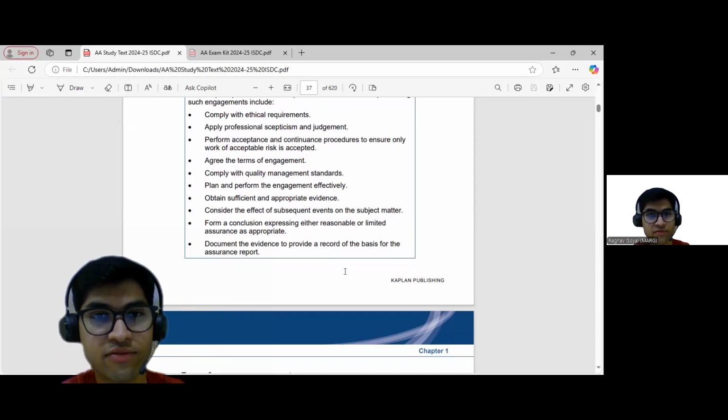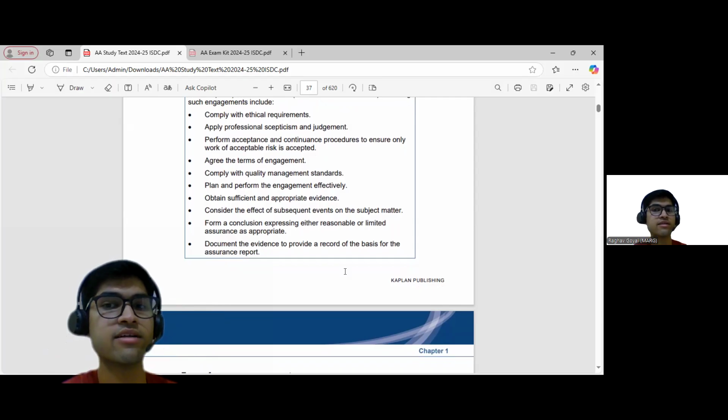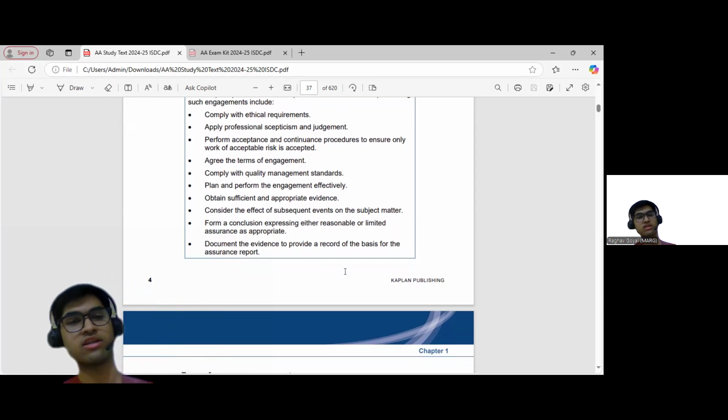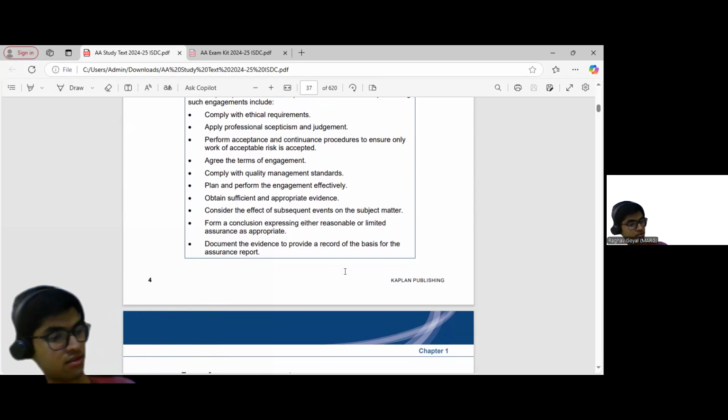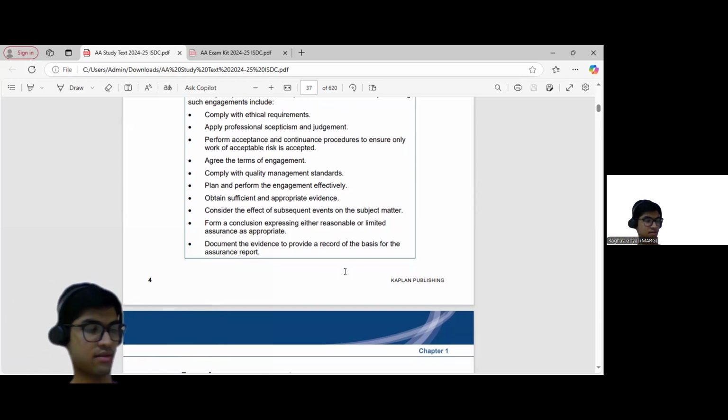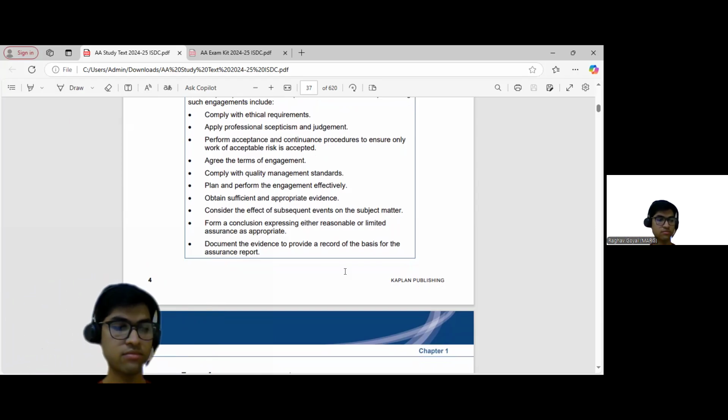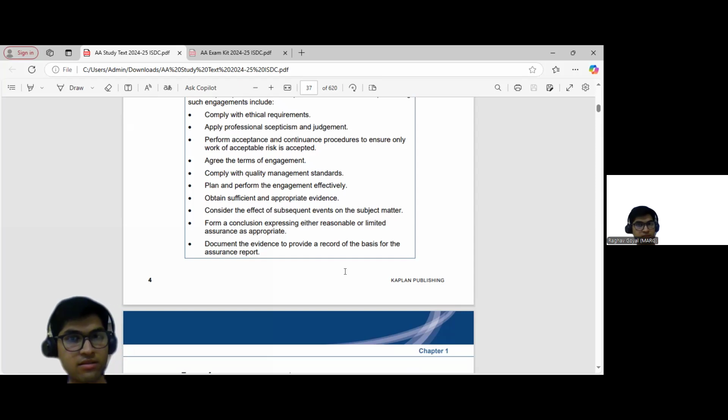Then we also have acceptance and continuance procedures to ensure only work of acceptable risk is accepted. So what does this mean? This basically means that, let's say, a certain company is risky because they've had a history of fraud and errors in financial statements, and now you were to audit them.